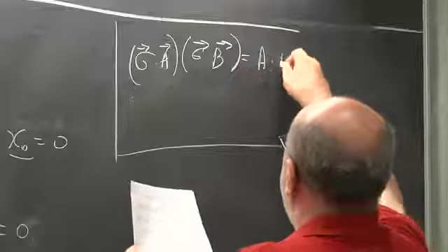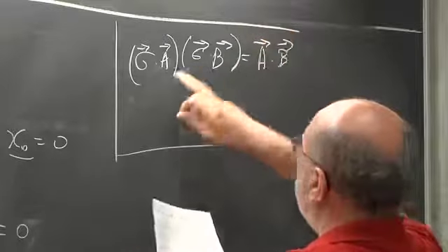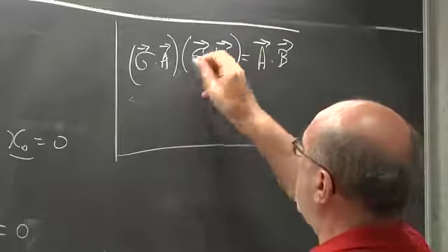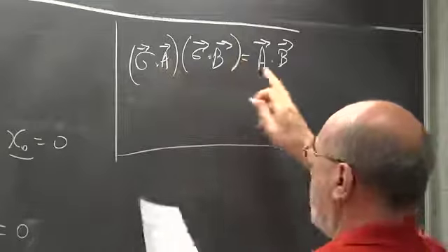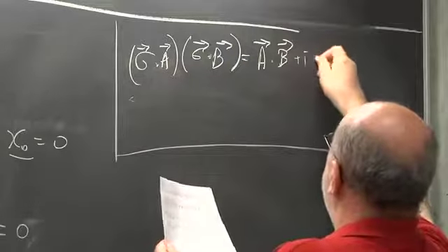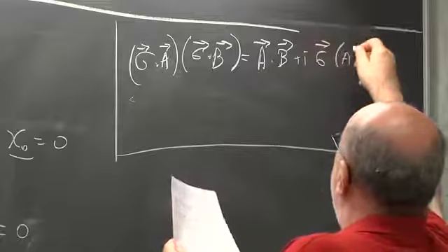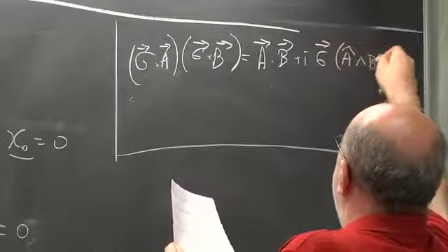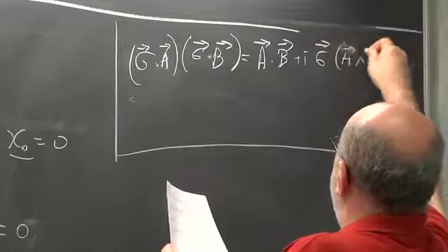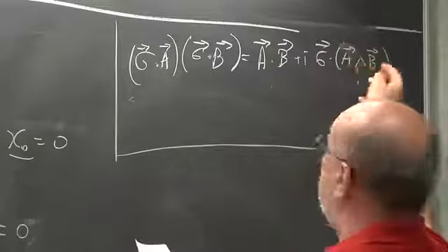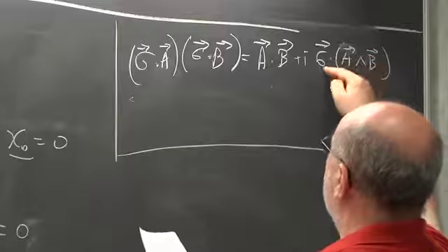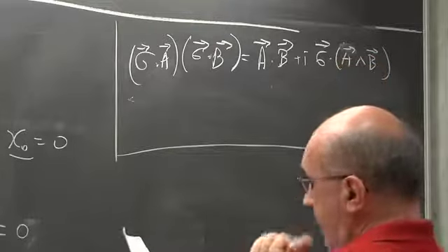This object, sigma dot A times sigma dot B, where A and B are two vectors that multiply the three sigma matrices, equals A dot B plus i sigma dot (A wedge B), that is the vector product, a vector that you have to sandwich with sigma.